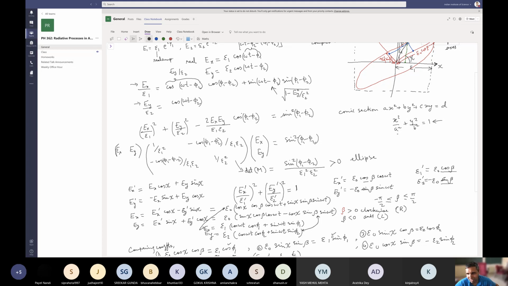If you make a matrix for x square by a square plus y square by b square equal to 1, what is the matrix for this one? It's 1 by a square, 0, 0, 1 by b square, right? So basically the determinant of this is greater than 0. This is just to motivate why a determinant greater than 0 always gives you an ellipse.